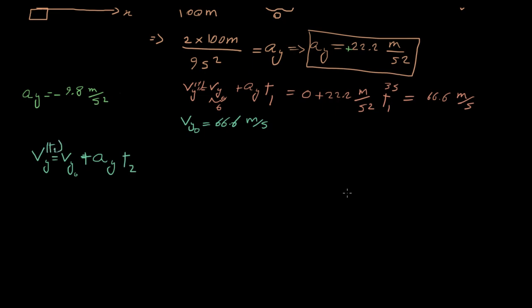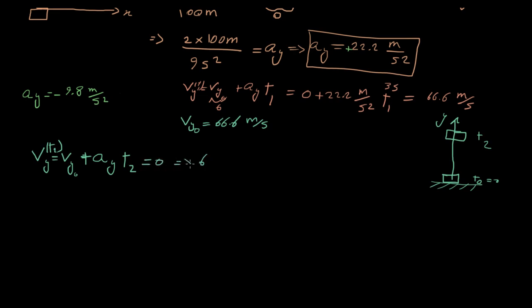The submarine is now at the surface at time 0, so this is t naught equals 0, and this is y at time t2, when it arrives at the maximum height. When it arrives at the maximum height, it just stops for a moment and then goes back. So therefore vy at t2 is equal to 0.